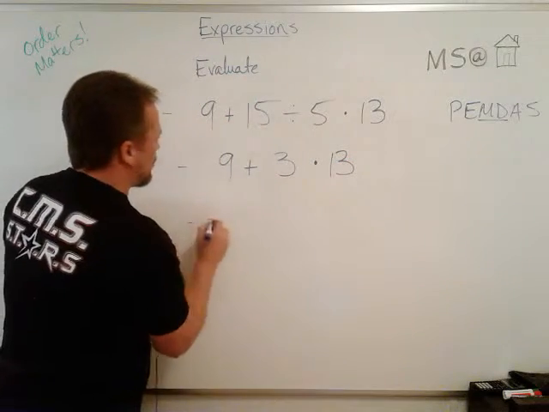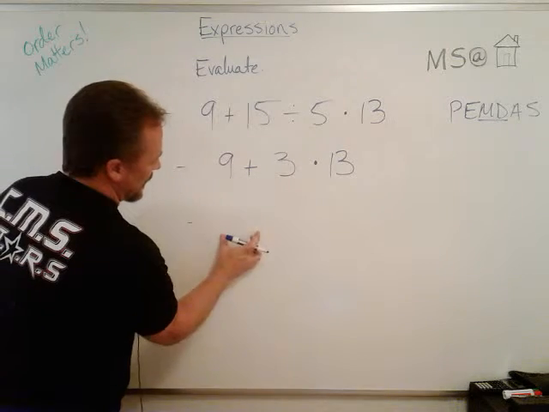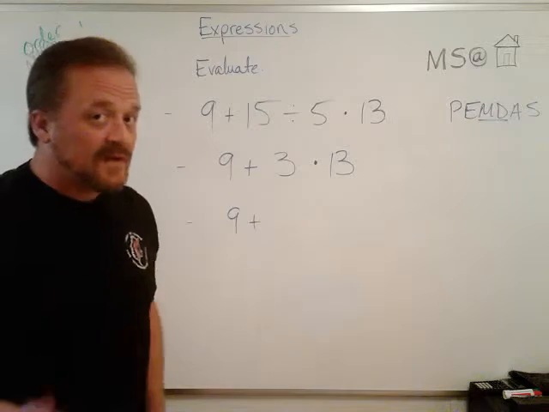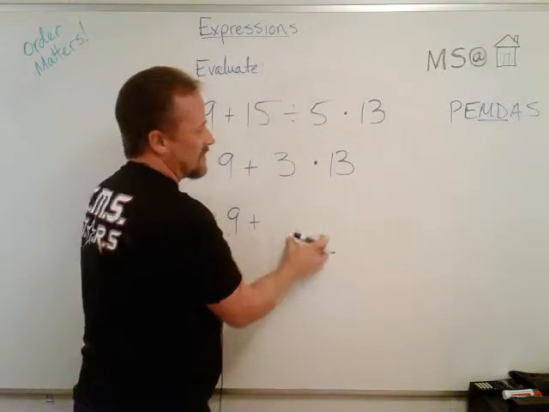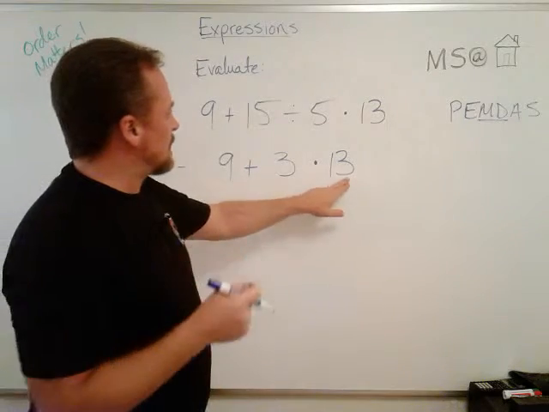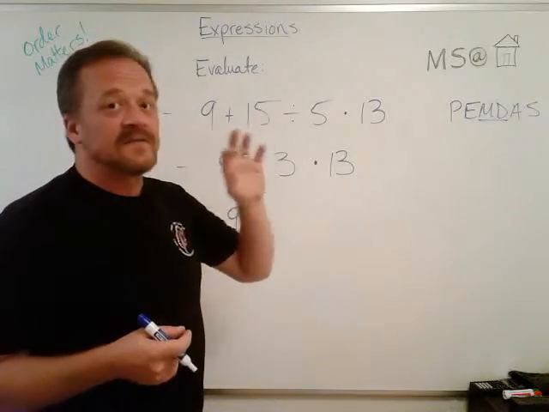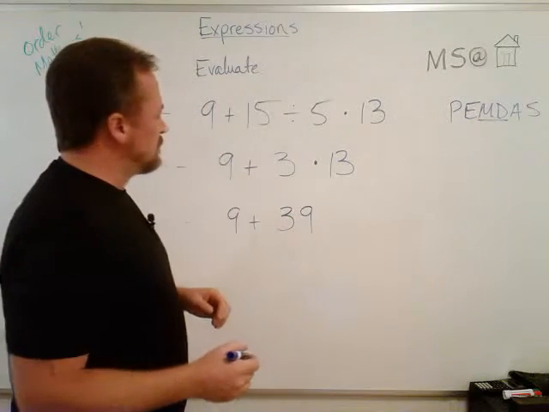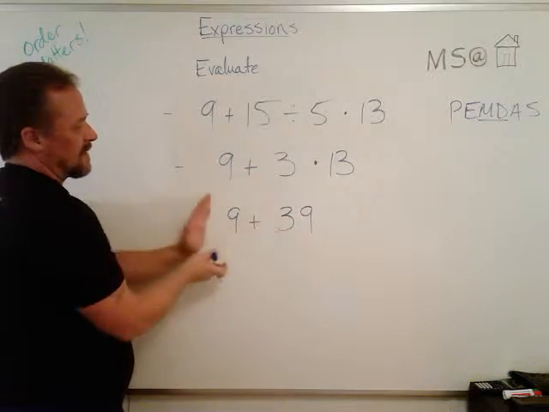So line 3 will have this brought down because I haven't done anything to 9 plus yet. 9 plus what? Well, I have to multiply 3 times 13 to figure that out, okay? I know that 3 times 3 is 9, and then 3 times 1 is 3, so that's 39. Okay, so there's my next row.